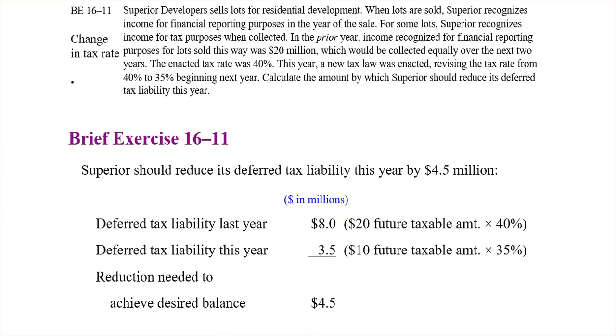So what you do when you work these problems is you say, where should I be before I go into that next year? And you adjust so that when you do your next journal entry to take it off, it's going to be correct. So they have to do a little bit of a catch-up here, a 4.5, because they thought it was going to be 40%, and now it's going to be 35%.